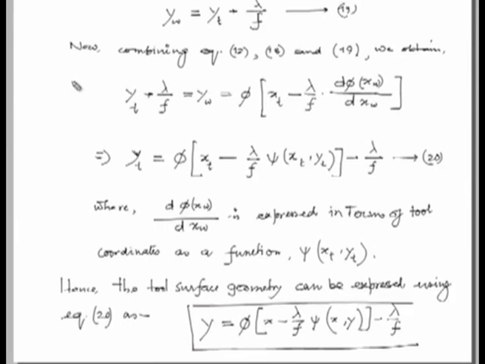This is the generalized equation. So, this equation will describe in general the tool profile, that is y is nothing but the coordinate in the tool profile, and then it is a function of phi of x minus sigma by f, a function of x and y, that is psi of x and y minus sigma by small f, that is in terms of feed.